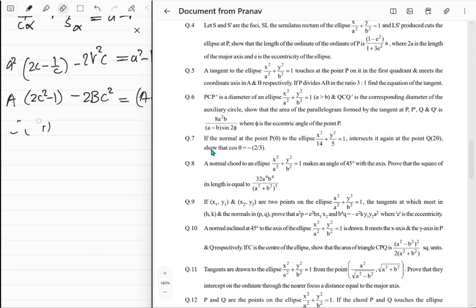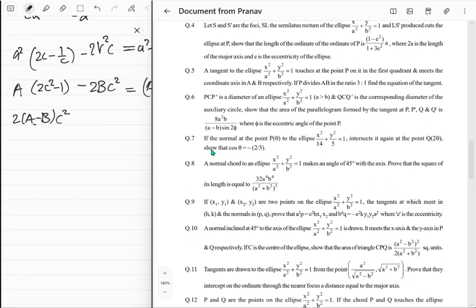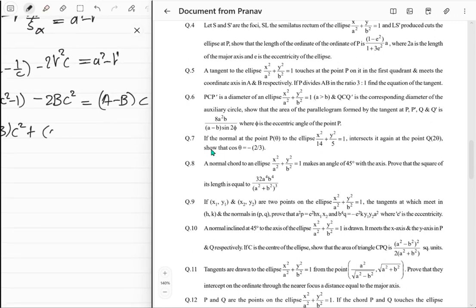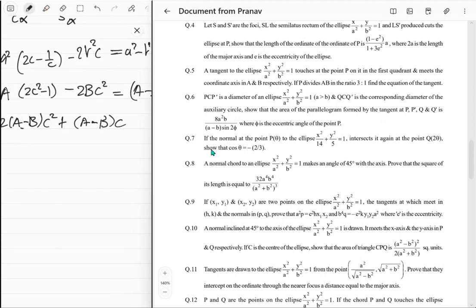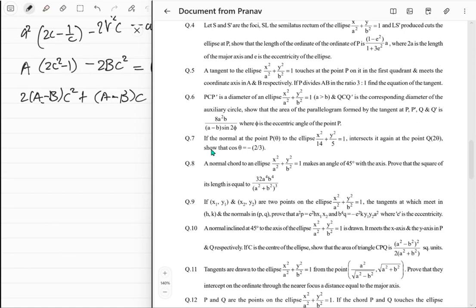So basically 2 times (A minus B) c square, then you got minus A as the constant, and this is plus (A minus B) times c, is that right? Must be right. And then minus A is equal to 0. I would think.